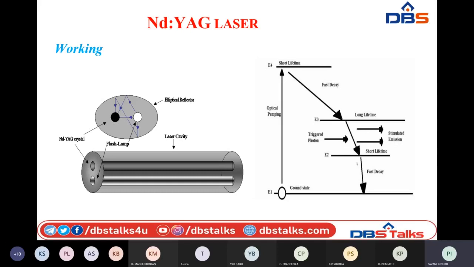Whenever we give external energy to the atoms present in E3, they absorb that photon of frequency nu, and come back to the level E2 by emitting another photon. So now we have two photons which travel in the same direction. That means we achieve the process called stimulated emission. This process takes place continuously between energy levels E3 and E2. That means laser action takes place between E3 and E2 in the Nd:YAG laser.